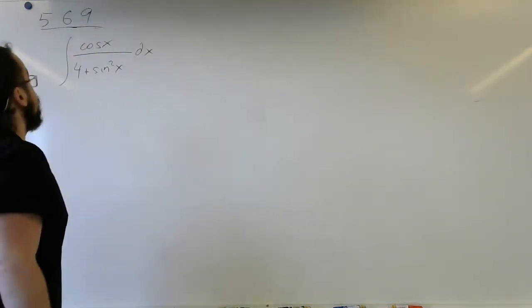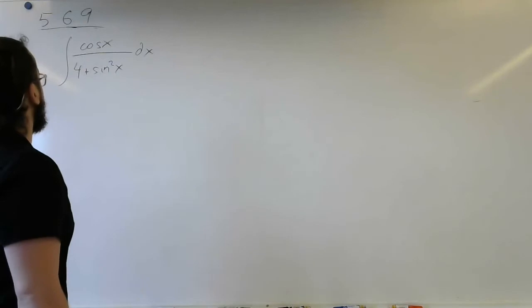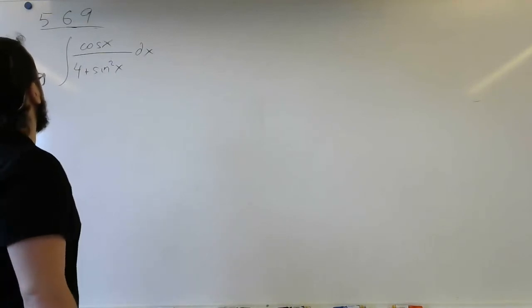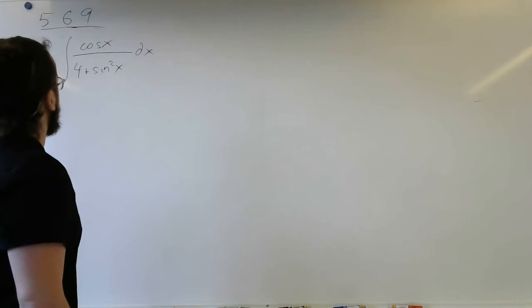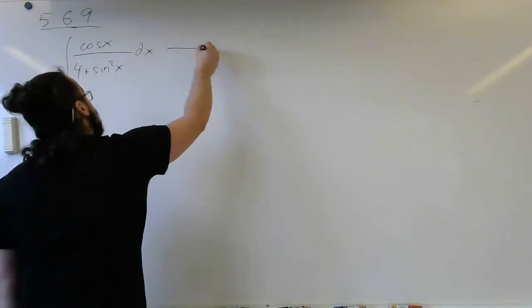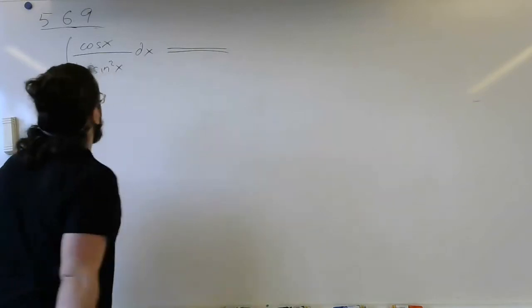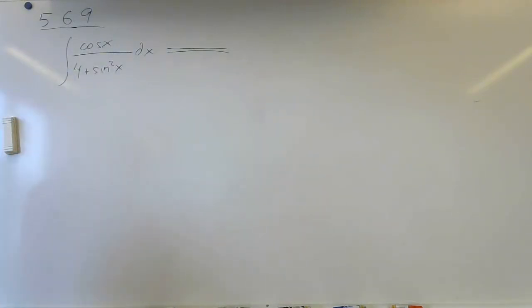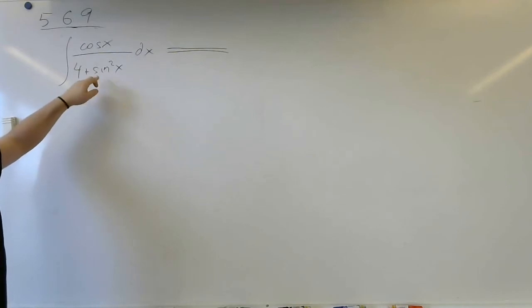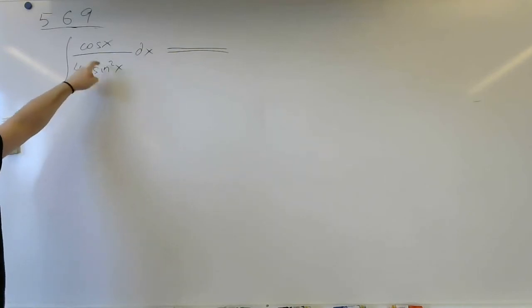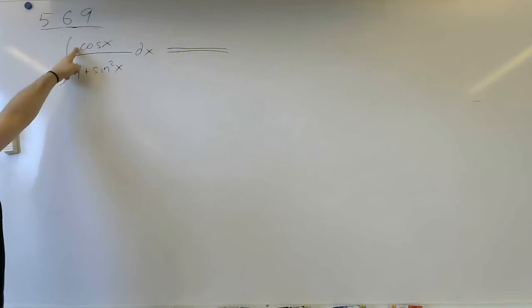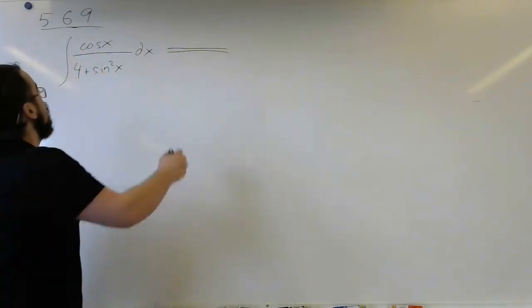So ideas. We could take cosine equals u, maybe. We could take sine equals u. We could take sine square equals u. Since this one is not a square and this is a square, if we take the substitution over the square, here we will get a square root. So I'm going to try and see what happens if I do this change.